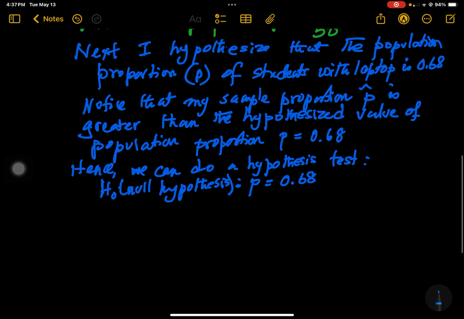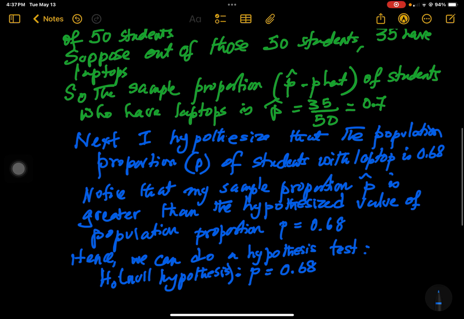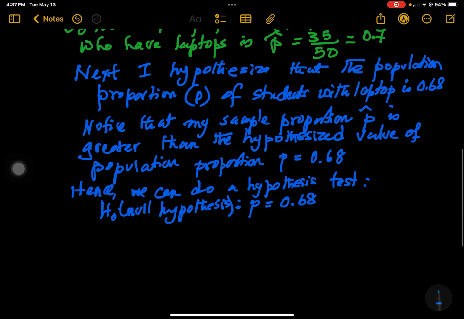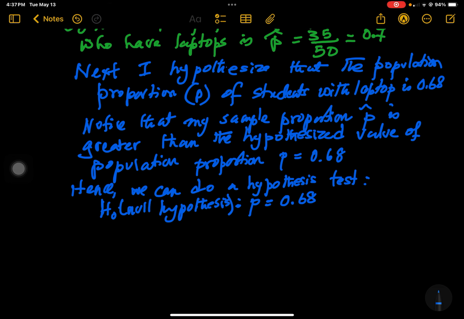So my P hat sample proportion came out at 0.7. I made an educated guess, or hypothesized, that the population proportion of students with laptop is 0.68. My sample proportion is greater, because 0.7 is greater than the hypothesized value of 0.68. So my null hypothesis, my educated guess, is population proportion is 0.68.